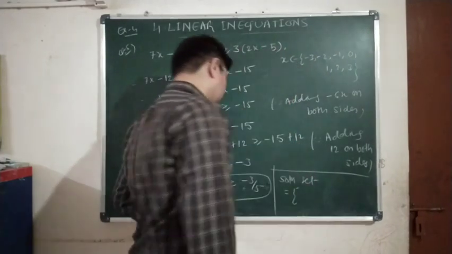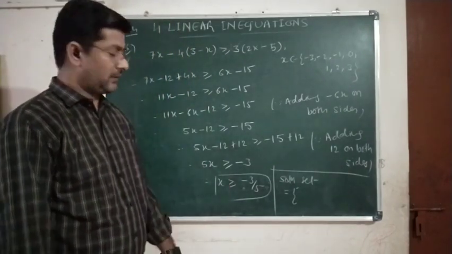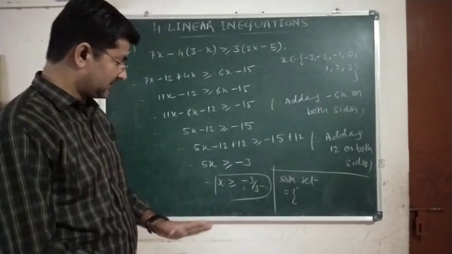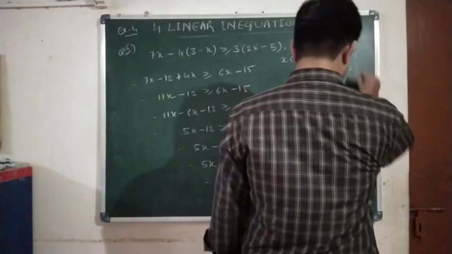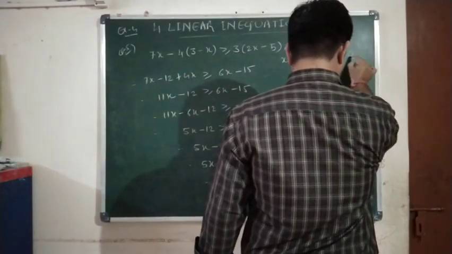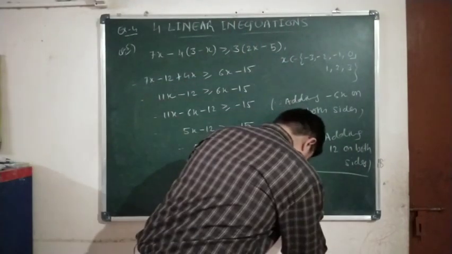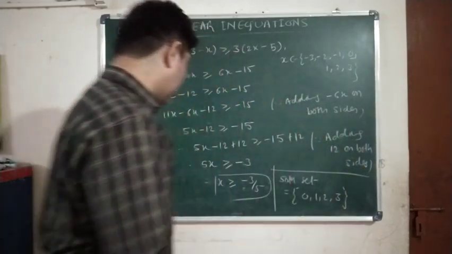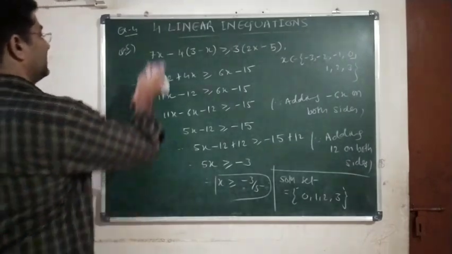So let us find out now the solution set. Solution set will be x greater than or equal to -3/5, so -0.6. The numbers which are greater than that will be the numbers starting from 0, so 0, 1, 2 and 3 is the solution set. Now let us represent this solution set on the number line.